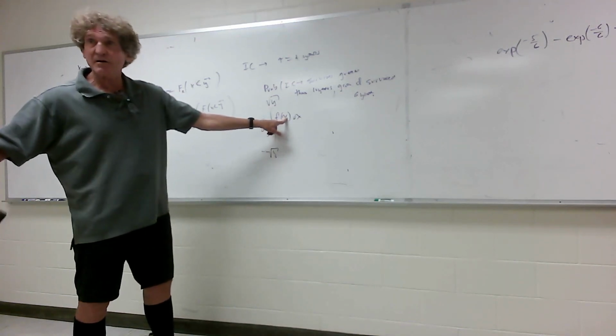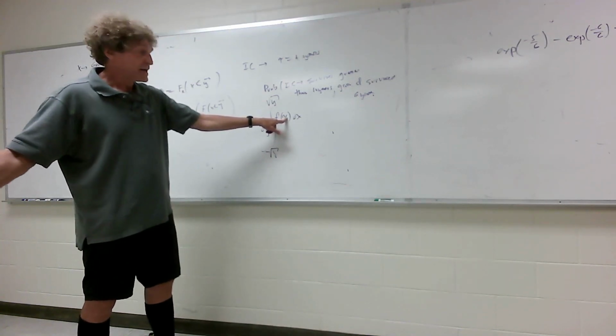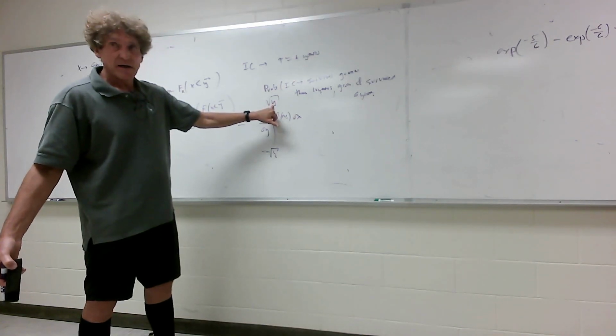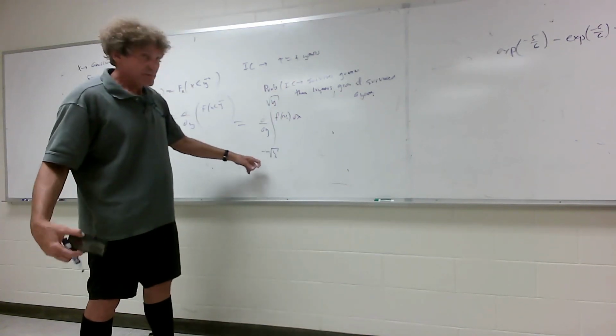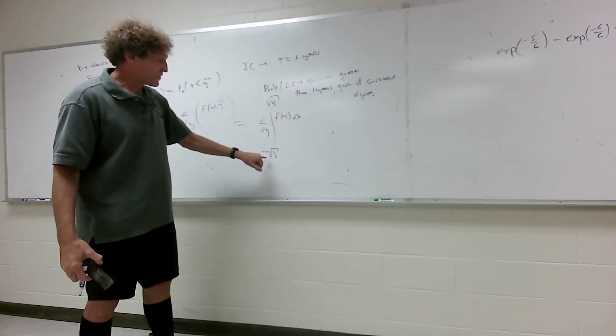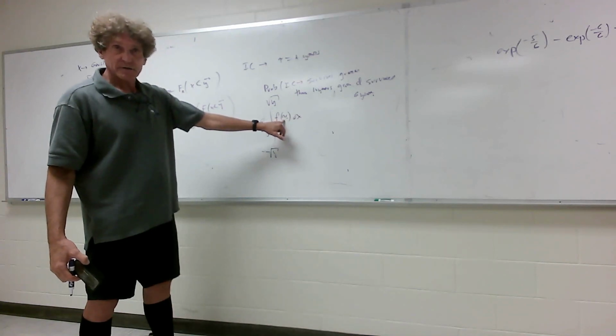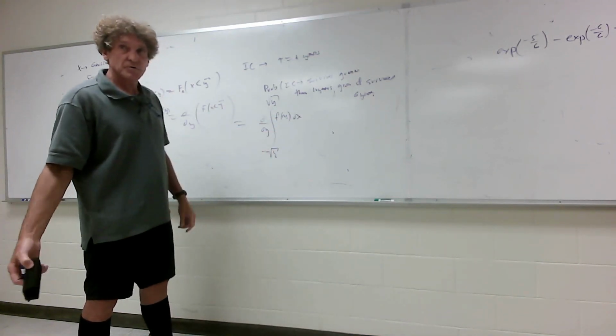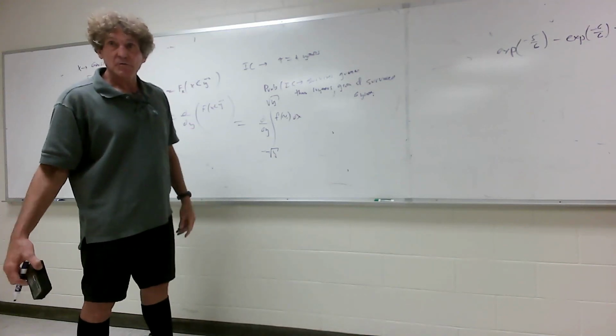It doesn't matter if it's Gaussian, Rayleigh, Maxwell-Boltzmann. Then you take a derivative of that with respect to y. Then minus, which makes it a plus, the value of f of the square root of y at the lower limit times the derivative of this, and that's going to be 1 over 2 times 1 over the square root of y.